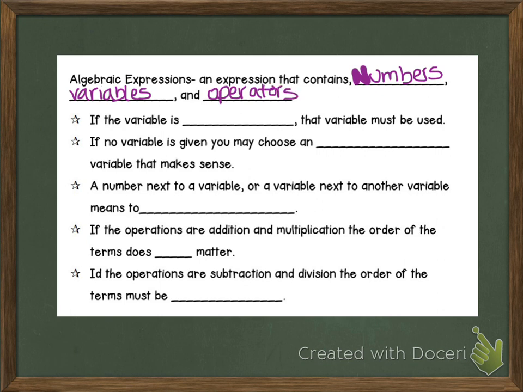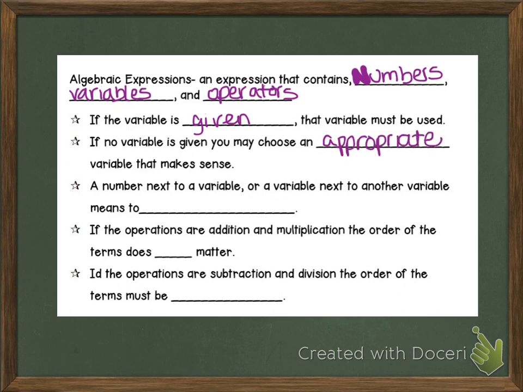If the variable, which remember is a letter that represents the unknown, is given, that variable must be used. But sometimes no variable is given and we may choose any or an appropriate variable.